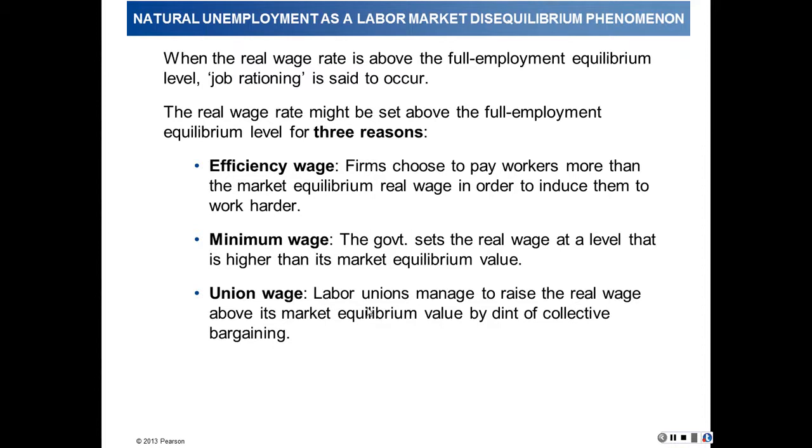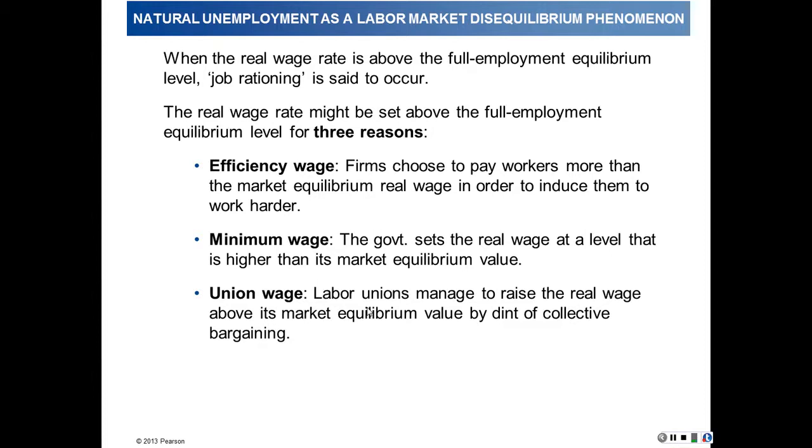Exactly. That's precisely it. So let me summarize. Why would firms pay their workers higher than the equilibrium wage? Well, you pay workers more, the worker is a happier worker. They therefore work harder. They're also likely to stay with the company longer, you see? And that's something companies like, because if workers leave and they have to hire new workers and retrain them at company expense, well, that's all very expensive. Correct?